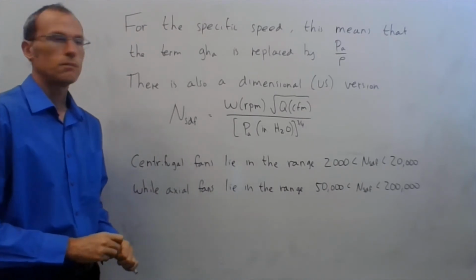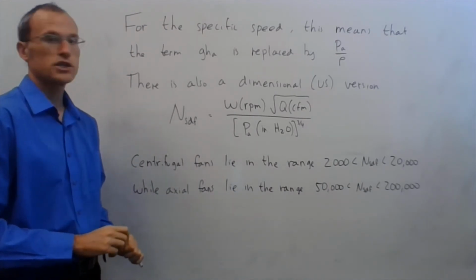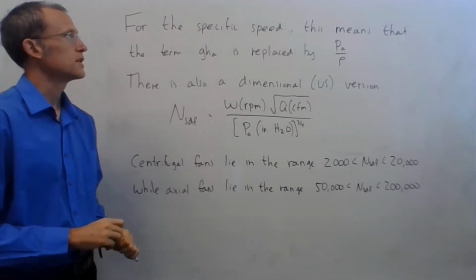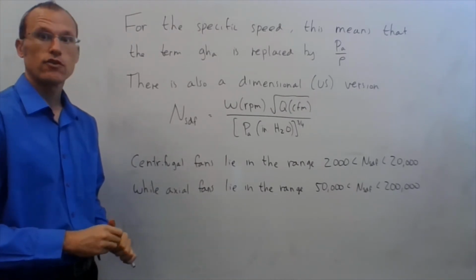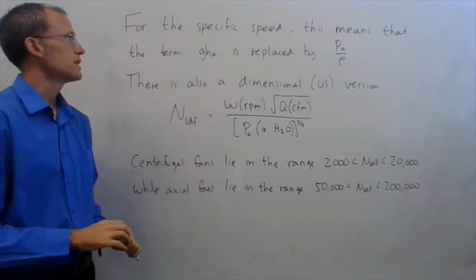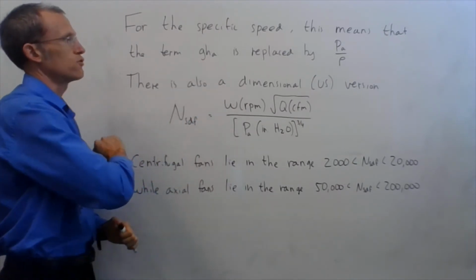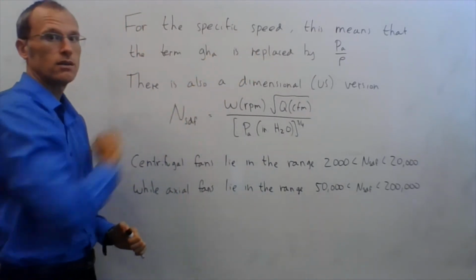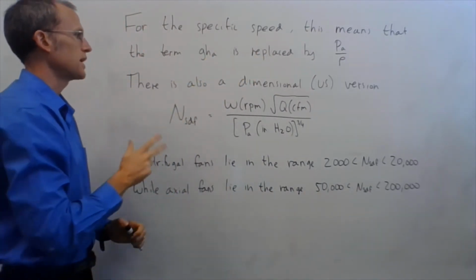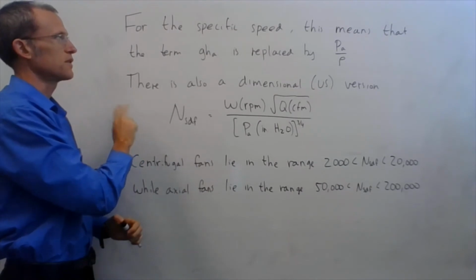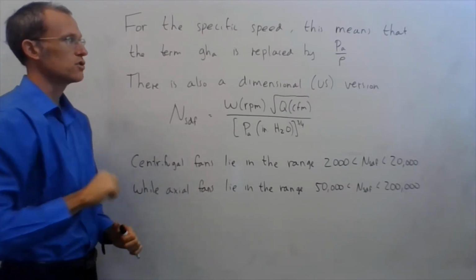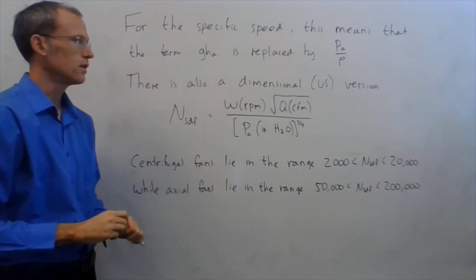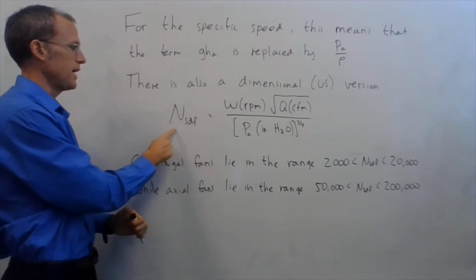So because of this difference of pressure to head measurements, in terms of specific speed, we don't want to have head in there anymore, we want to replace it with pressure, and so the term g times H is replaced by the term pressure over density, so those two things are dimensionally the same. And so replacing that in the specific speed, there's also a dimensional US version, using again those common units that are used for these calculations.